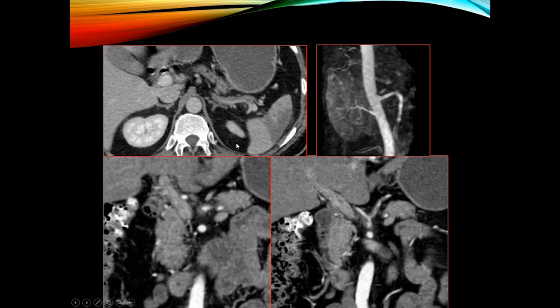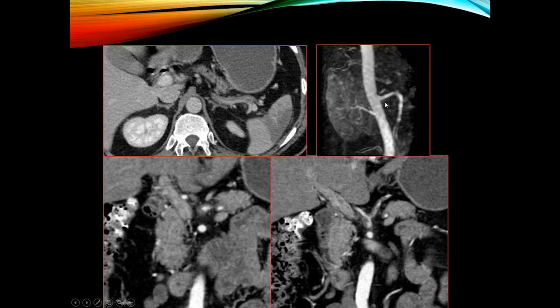So in this case, we first notice that there is actually a wedge-shaped area of decreased enhancement in the spleen, suggesting ischemia. And if we look closely, we see in more detail that there appears to be a narrowing of the splenic artery. If you go back to the celiac artery, you can see there's soft tissue around the celiac, hepatic, and splenic arteries causing luminal narrowing.